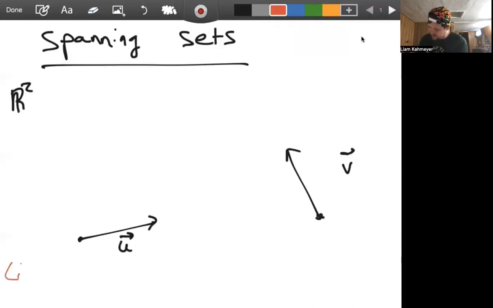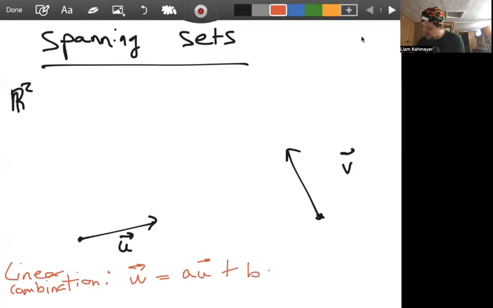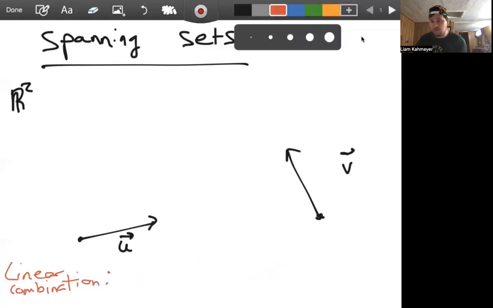And so if you'll remember, a linear combination is when a vector, let's say w, can be written as a sum of scalar multiples of these vectors. So a linear combination of the vectors u and v would be a vector w such that a u plus b v equals w, right? We had this notion in general for an arbitrary number of vectors.